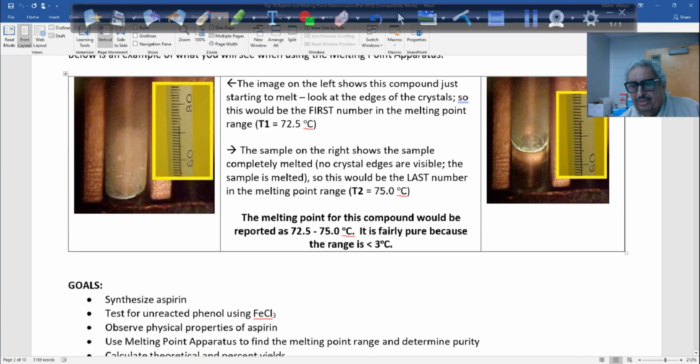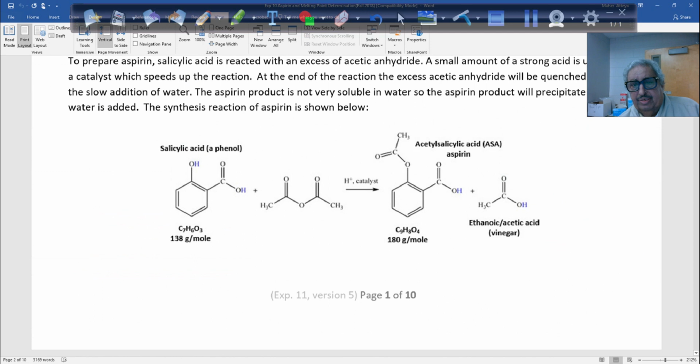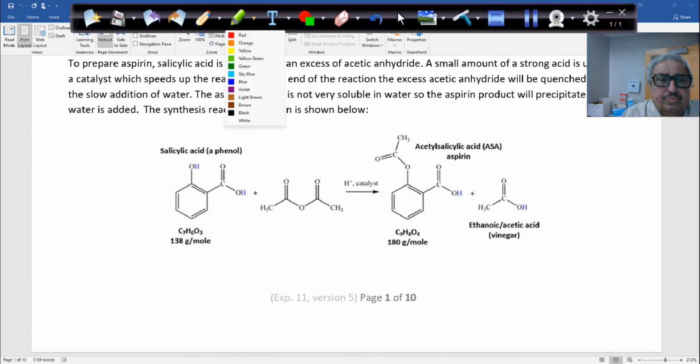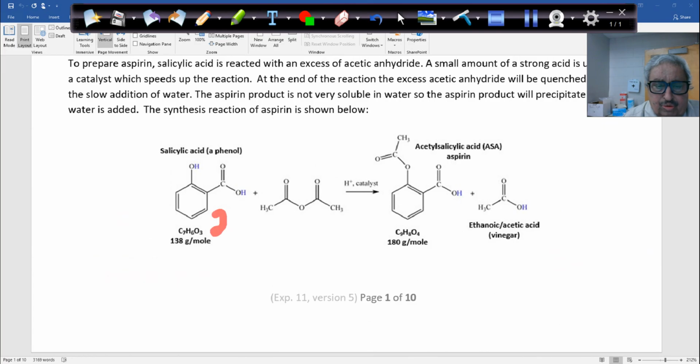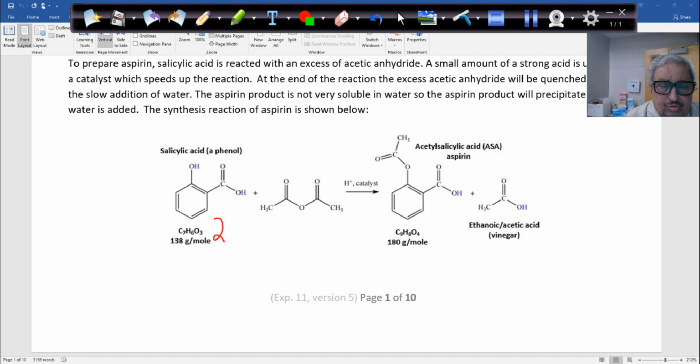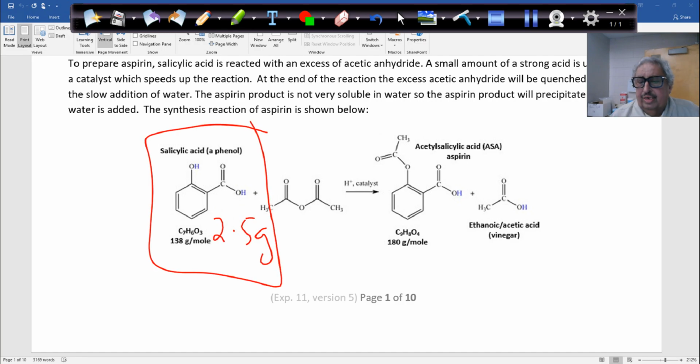That's the chemical reaction. As I said, let me just repeat myself here. This is 2.5 grams of this, correct?